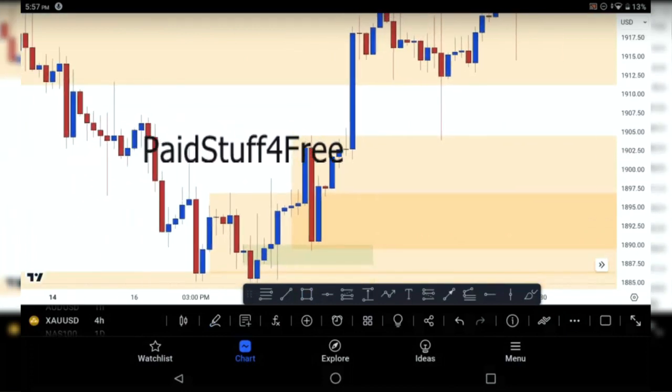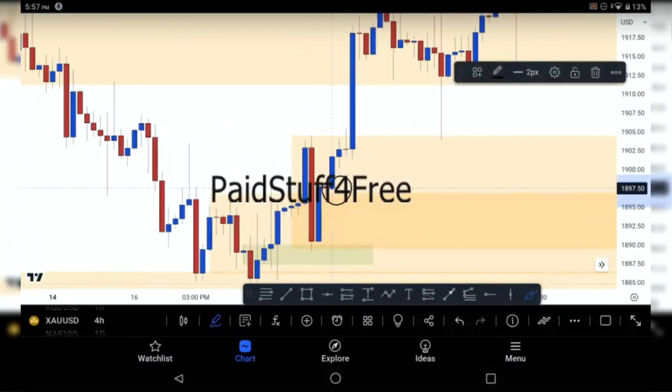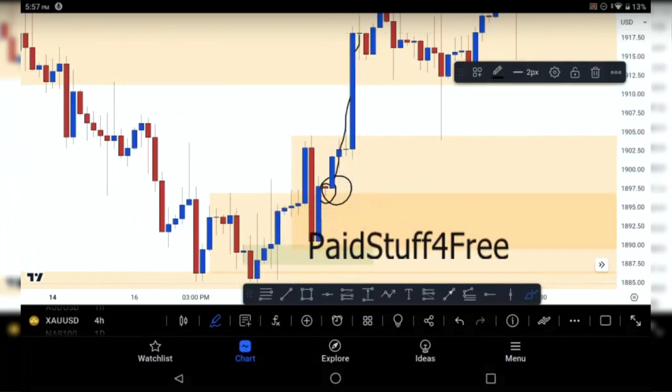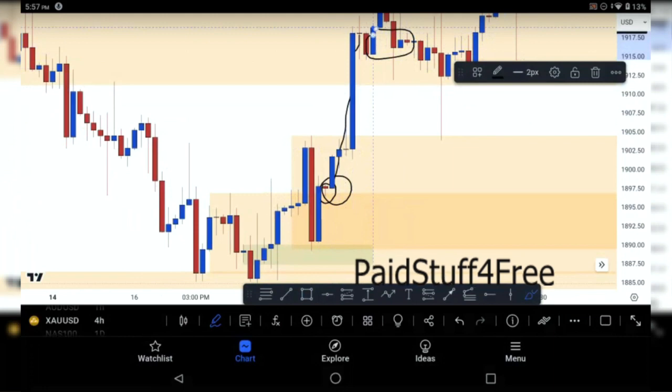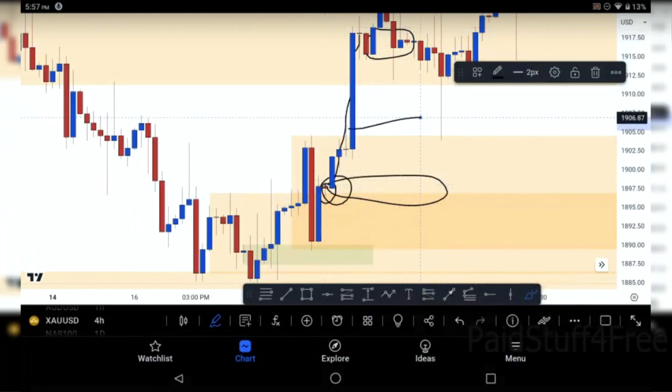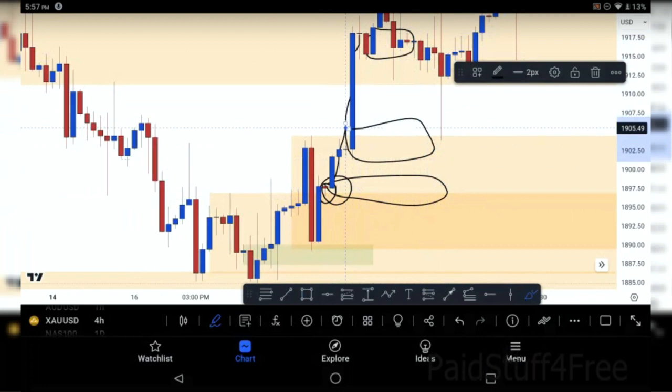Now, this engulfing here brought price into this daily sell zone. Just before this one formed, I would have considered this zone to be my 4 hours change of storyline, because price is bullish on 4 hours.